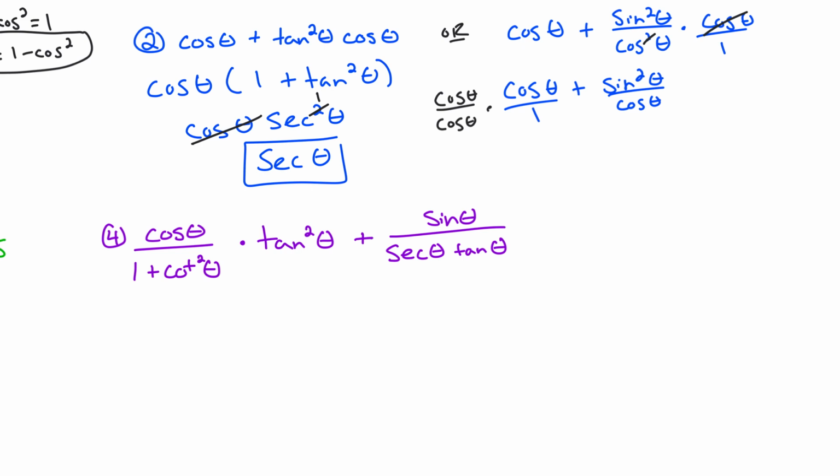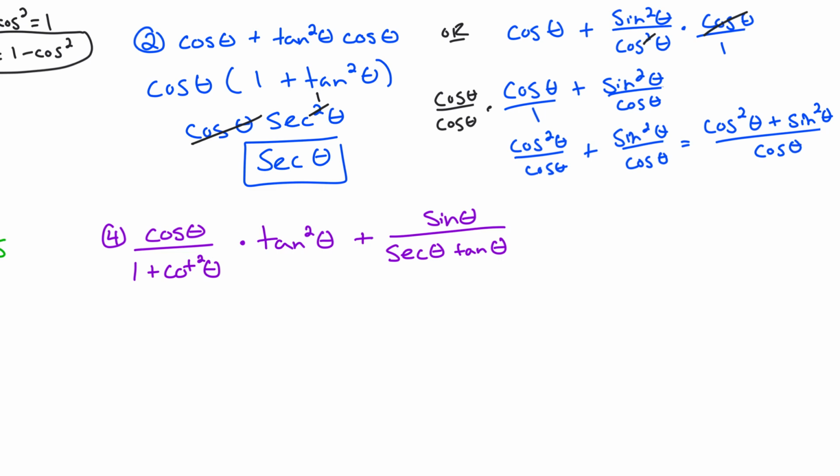That would give me cosine squared of theta over cosine of theta plus sine squared of theta over cosine of theta, which is then equal to cosine squared of theta plus sine squared of theta all over cosine of theta. Cosine squared plus sine squared is an identity.